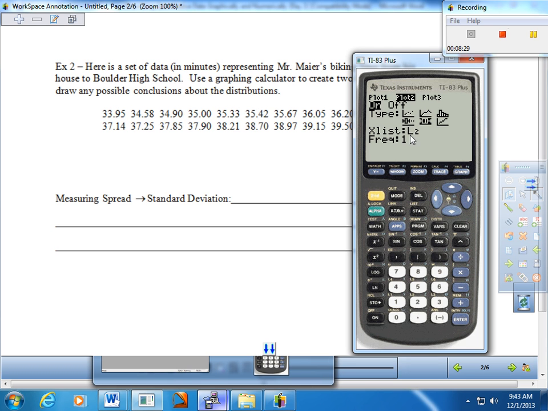You probably have it defaulted as L1 right here, so what you're going to do is type in L2 like you see on the screen. By the way, L2 would be second and then the number 2. So you want to come down here and do second and the number 2 to get that as L2. Again, just make sure all this is set up exactly the way I have it, if you would.